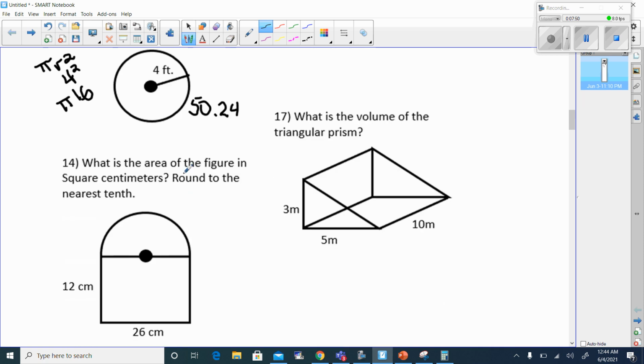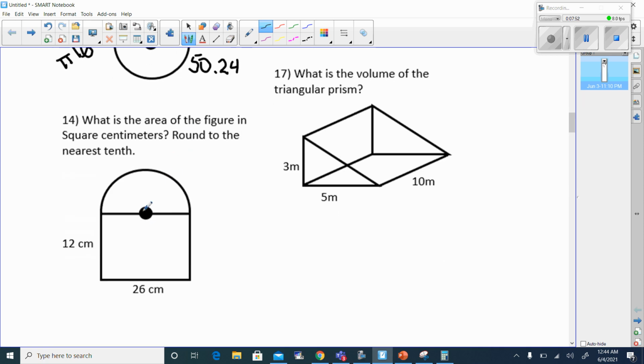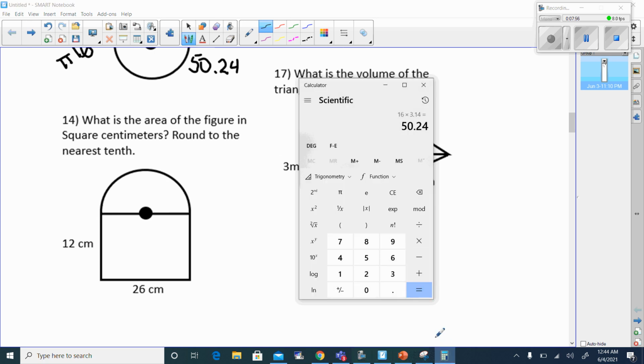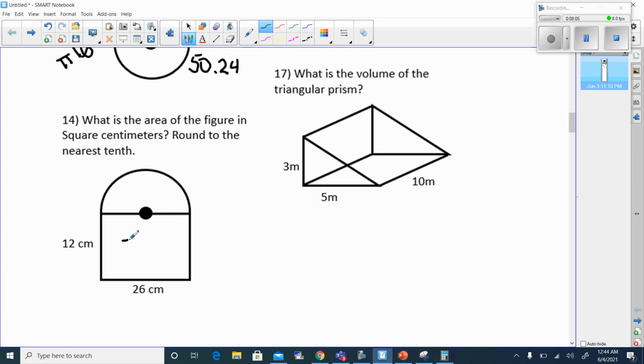Number 14, what is the area of this figure? Well, let's look at this. 12 times 26 will give me the area of that rectangle. So 12 times 26, that's going to give me 72. Now I got to realize that if this is 26, this radius is 13. And to find the area, I need pi r squared.